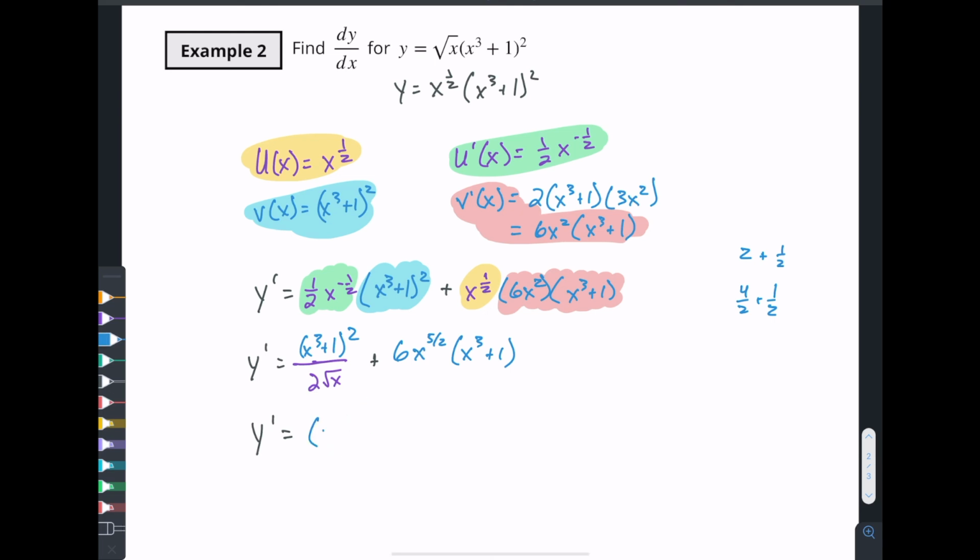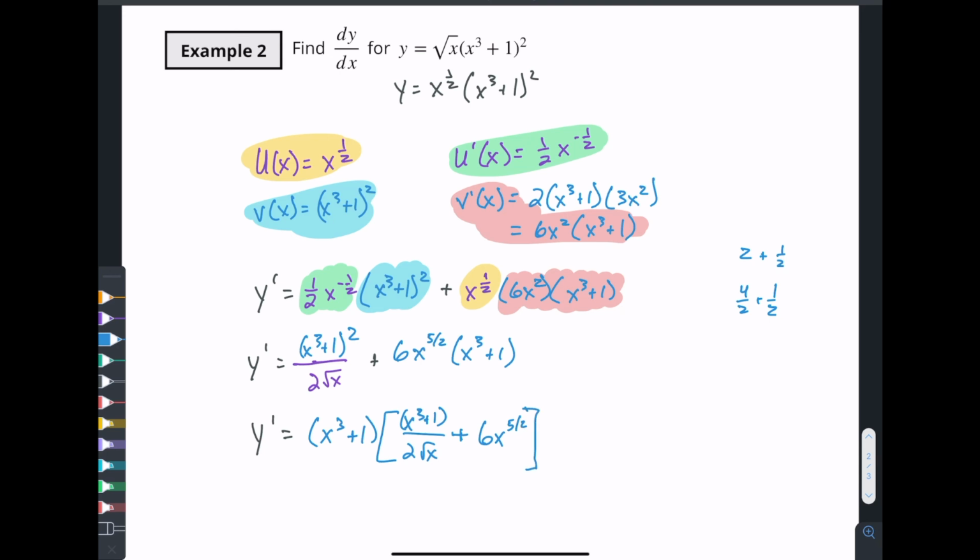So let's do that. Let's take x cubed plus 1 times x cubed plus 1 over 2 root x. And again, if I were to multiply this back, that would make that thing squared, plus 6x to the 5 halves power.